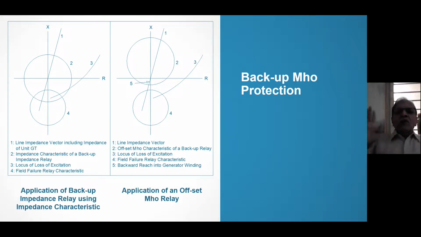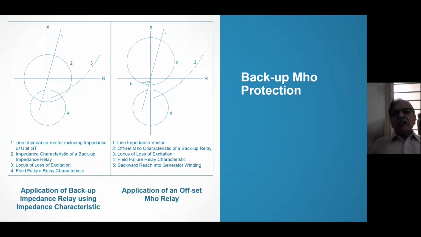Now on one of those lines there is a fault. That will obviously be cleared by distance protection of the line, because these lines are 220 kV, 400 kV lines, so distance protection is there. If distance protection fails, then overcurrent and earth fault protection of that line will back up.